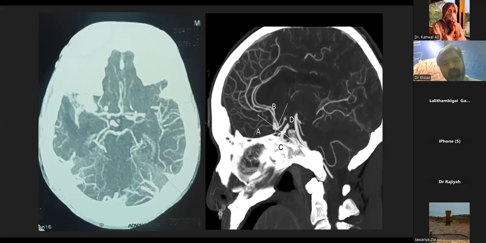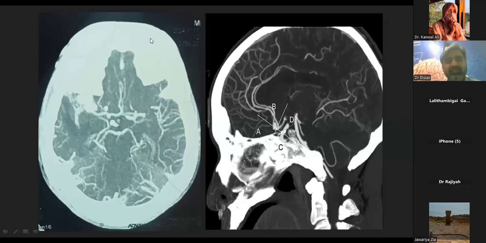On the left is the axial cut and on the right is the surgical image. So we can appreciate the anterior and posterior circulation. On the left, I am able to appreciate a large circular aneurysm on the M2, M3 of the MCA.